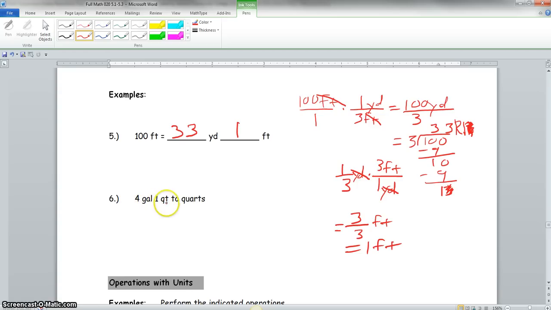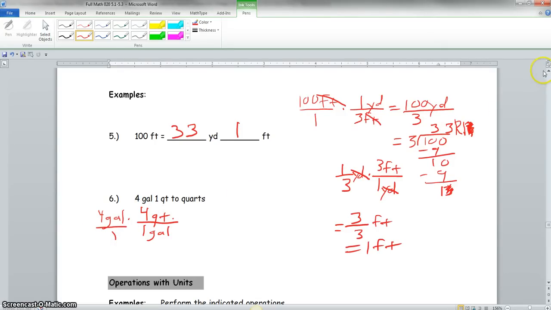Okay, now we go to problem number 6. We have 4 gallons, 1 quart to quarts. So what we need to do is, we just need to change gallons to quarts and then add on this 1 more quart. Okay, so now we would take 4 gallons, and what we know we will have down here is 1 gallon, and I believe it's 4 quarts in 1 gallon.